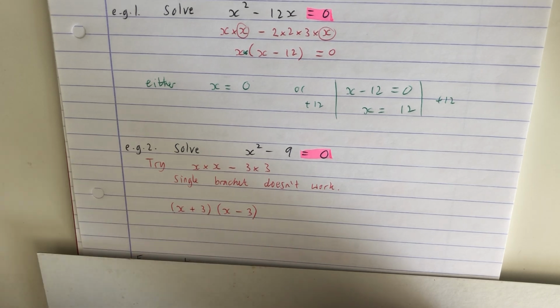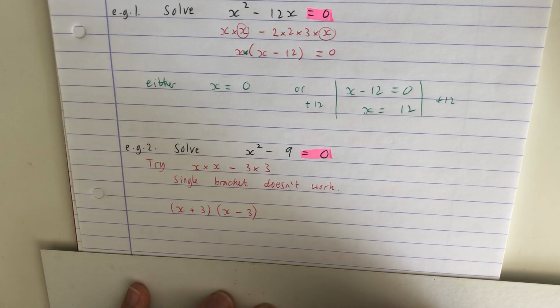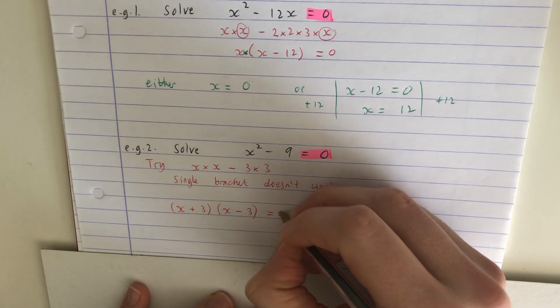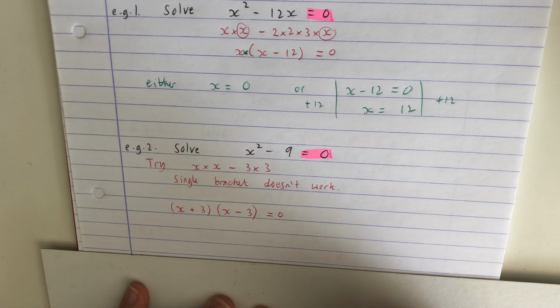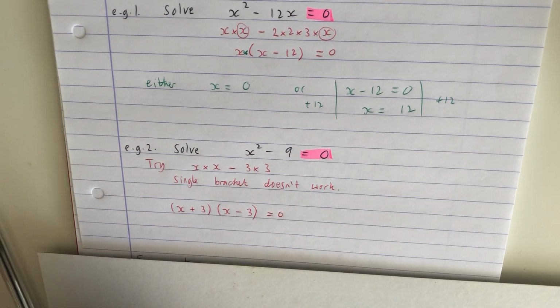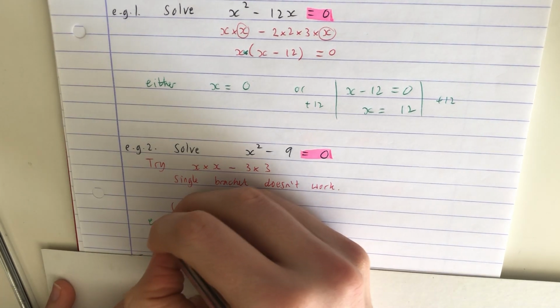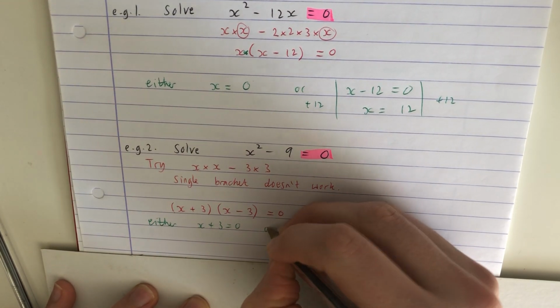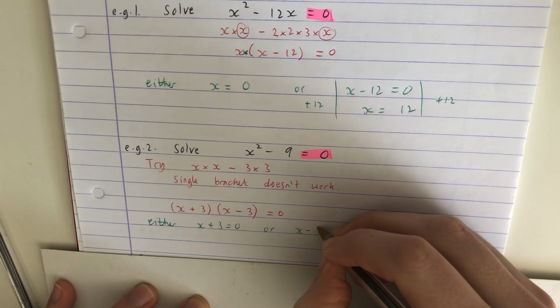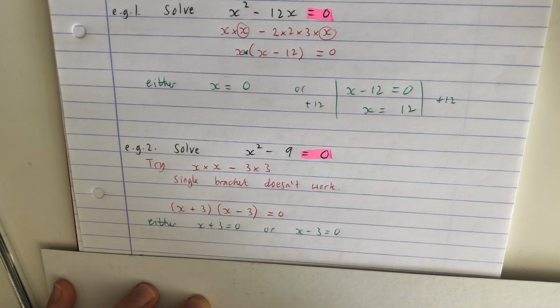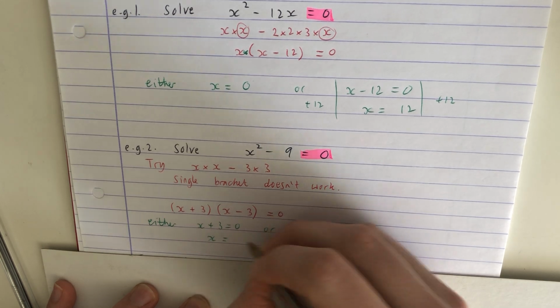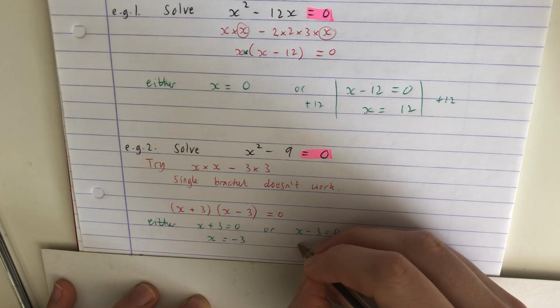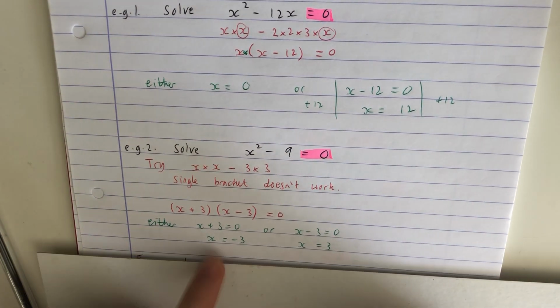It goes into this. And now we're ready to solve. This is equal to 0. And then either the first thing is equal to 0 or the second thing is equal to 0. And it gives you x is equal to negative 3 or x is equal to plus 3.